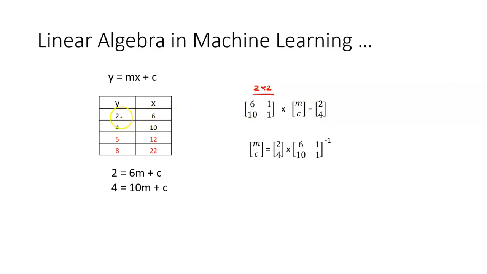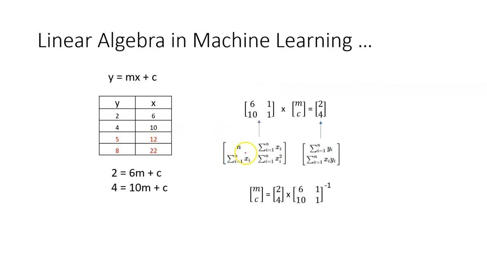But I have 4 sets of data. So how will I accommodate? For this, I will use this equation. N, summation of xi, this is summation of xi here, and this is summation of xi square. Here I will write summation of yi, and summation of xi yi. Sigma is nothing but summation.